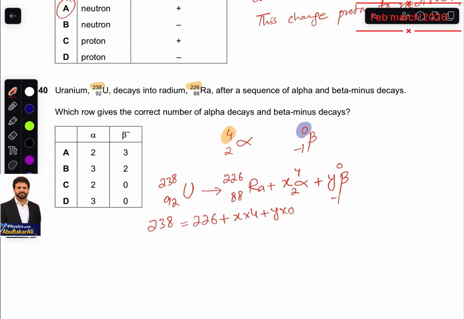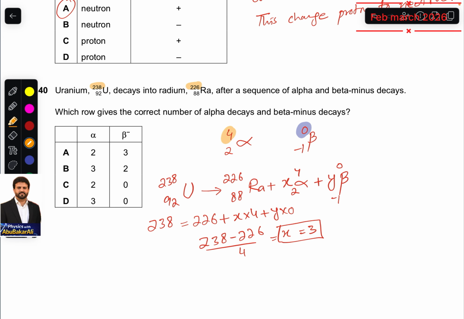So 238 minus 226, divided by 4, is equal to x. That gives me 3. So we know x is 3.